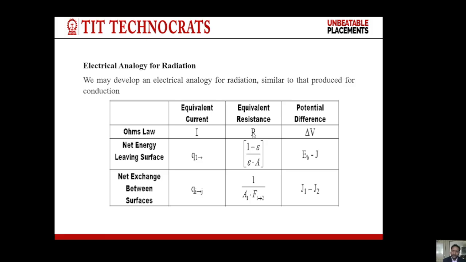Similarly, if there is a temperature difference between two surfaces, then heat flow will take place. So the net energy leaving the surface is Q1, and the equivalent resistance will be given by 1 minus epsilon upon epsilon A, and potential difference EB minus J. And for the net exchange between surfaces Q I to J, the resistance is 1 upon A1 F 1 to 2, and potential difference J1 minus J2.